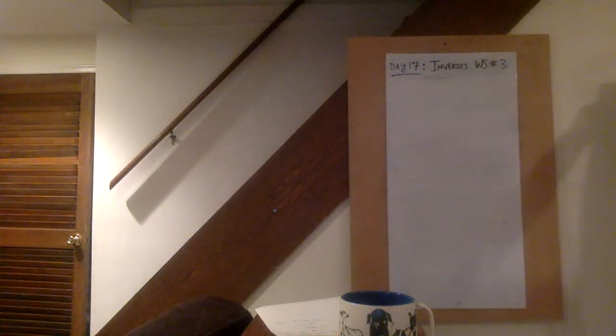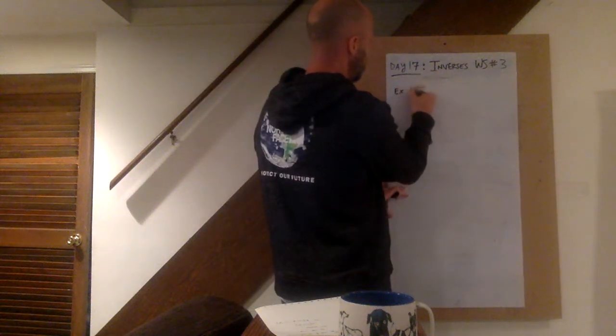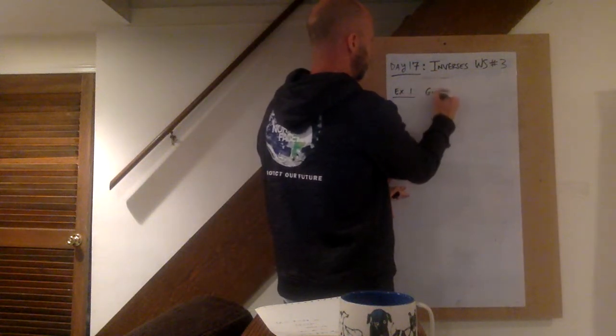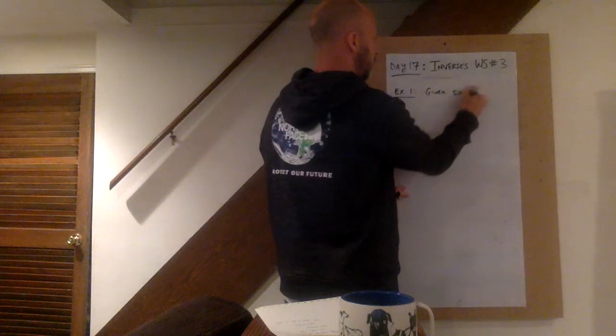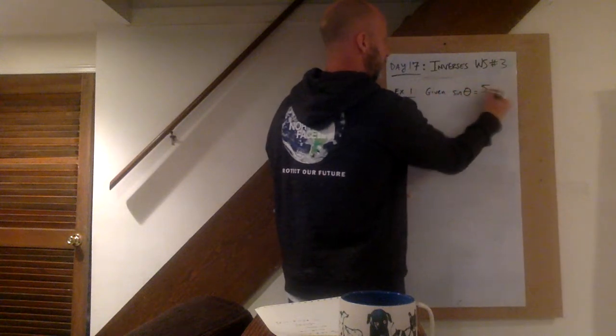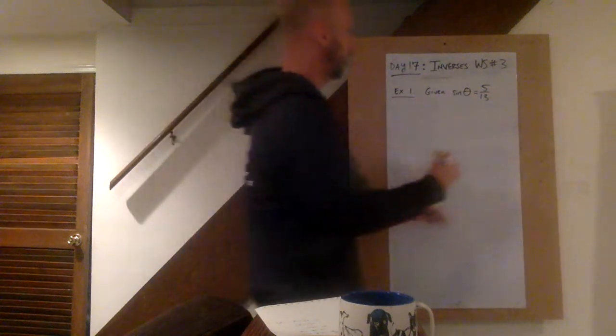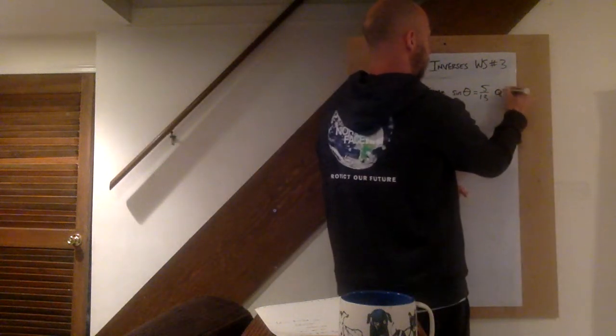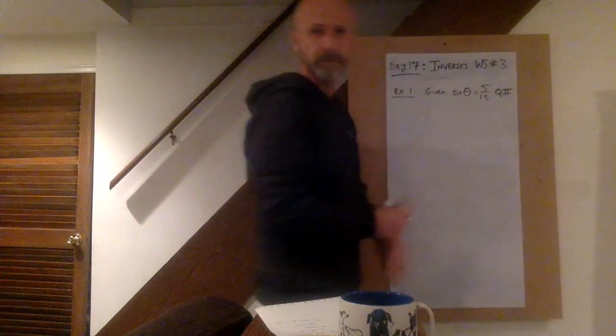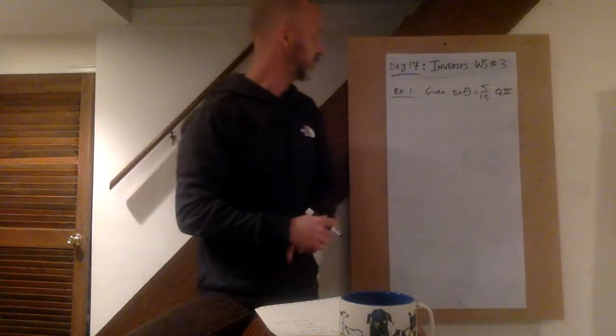Okay, so let's take a look at a couple examples. First example, you're going to be given that sine of some angle is 5/13. And let's just say that this is going to be a quadrant 2 angle, which is possible if sine is positive.